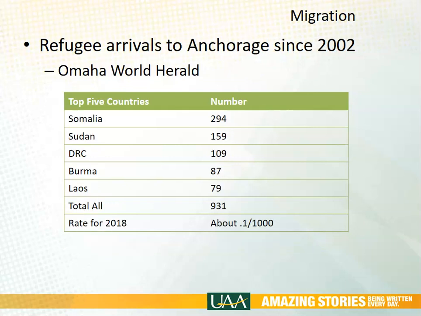And then the final chart here shows the number of refugee arrivals to Anchorage since 2002. The rate for refugee arrivals to Anchorage is quite low, only about 0.1 per 1,000. Despite Anchorage's diversity, we have a very small total population of refugees coming to our city.